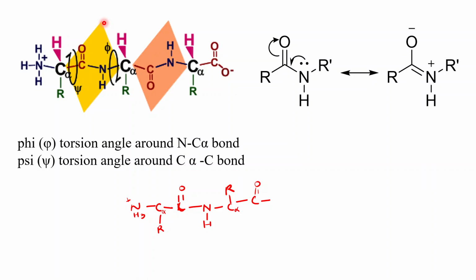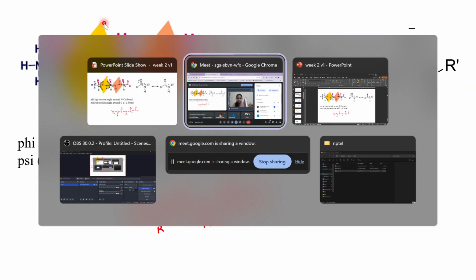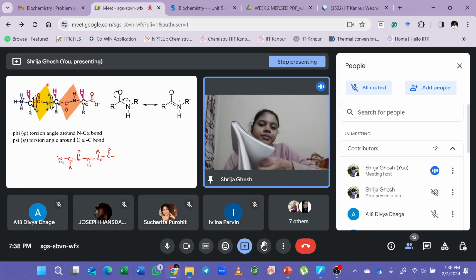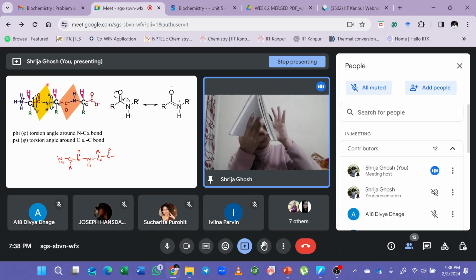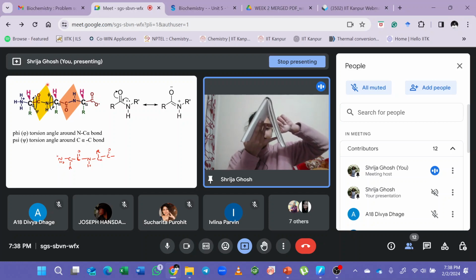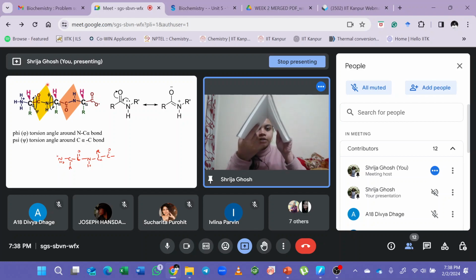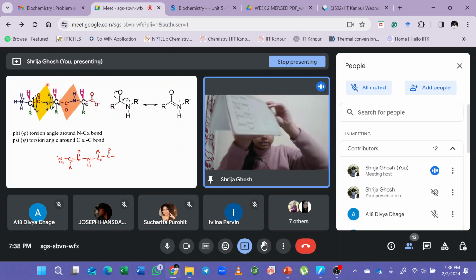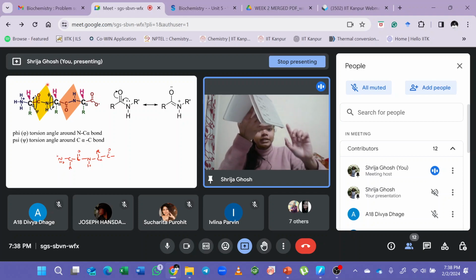Let's say I have this notebook here. This is one plane. Now I have another plane like this. If there are two planes, there will be an angle between the two planes. If this edge is the C alpha, then you have the carboxylic group, then here will be the amino group, and then the next carbon atom will be here.